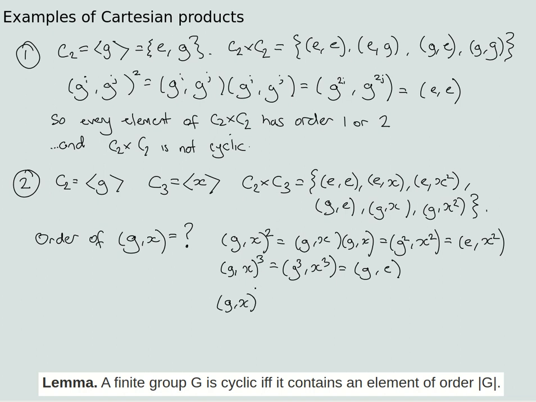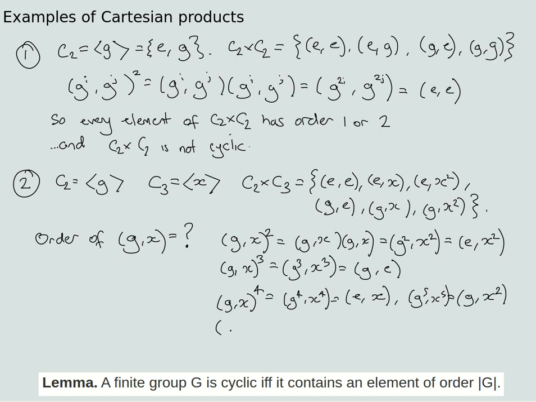Fourth power: gx to the 4 is g to the 4 x to the 4, which this time g to the 4 will be the identity, and x to the 4 will be x again, because x cubed is the identity. And for the fifth power, g to the 5 will be g and x to the 5 will be x squared, because x cubed is the identity.